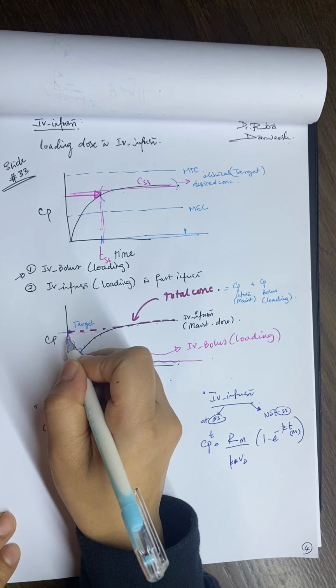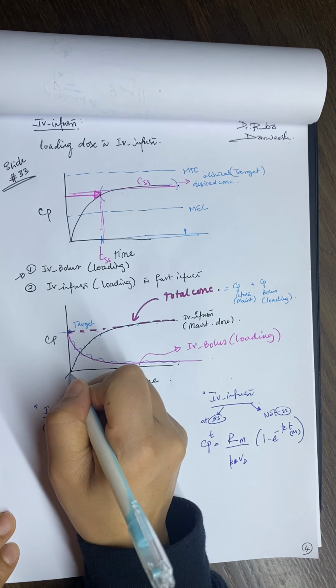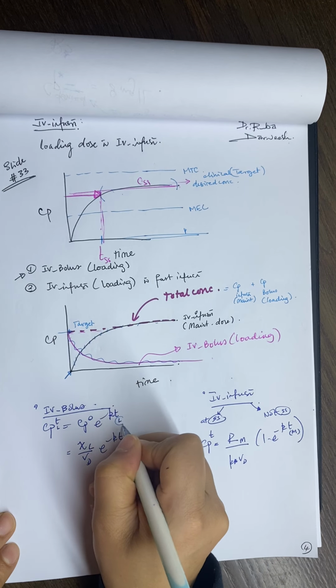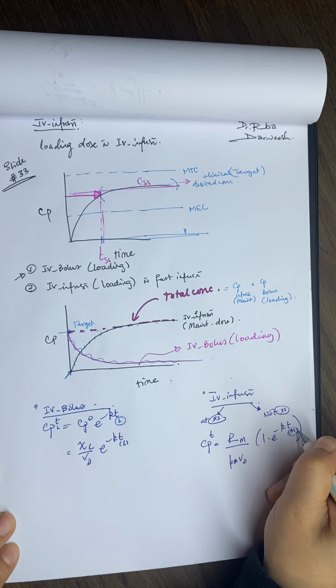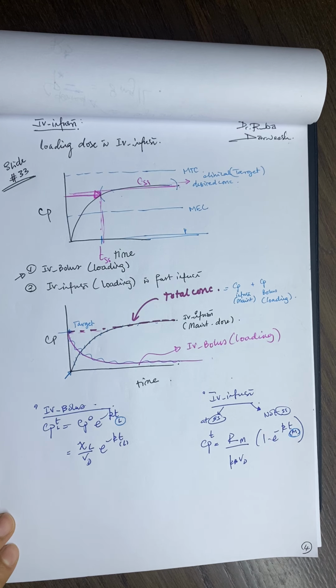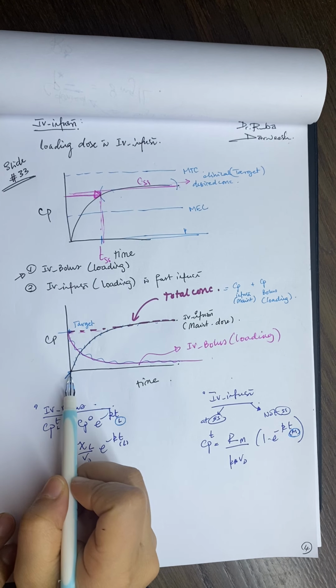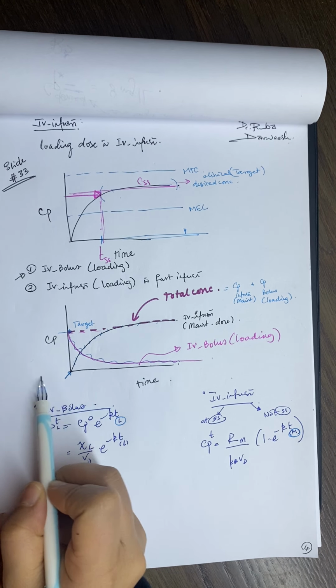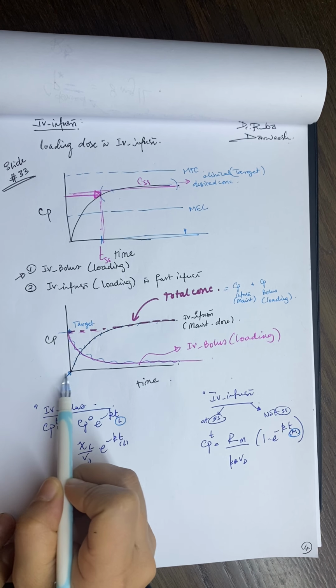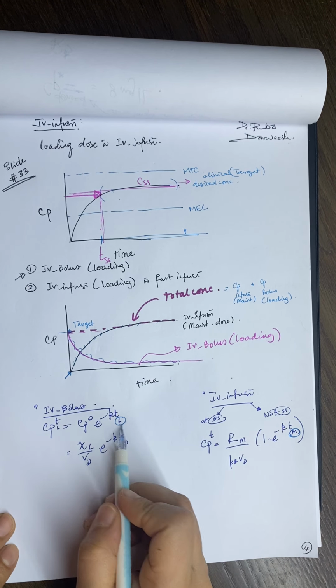In this case, we started at the same time, if you notice. So the loading time and the maintenance time will be the same. But if I started the bolus or the loading earlier than the infusion, this will be different.